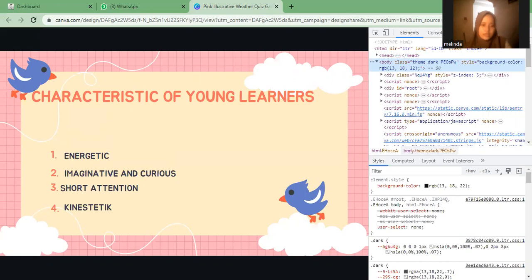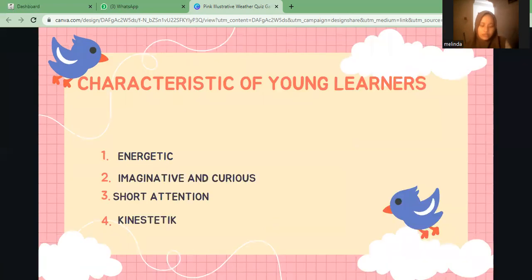I think kinesthetic young learners rely on touch or taste to receive information and knowledge. Learners who have a kinesthetic learning style tend to like to touch, feel, move, and experience directly.